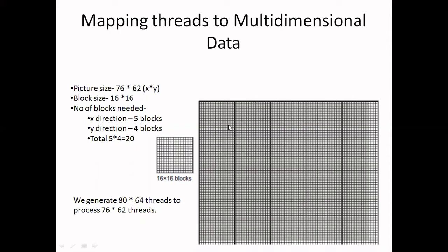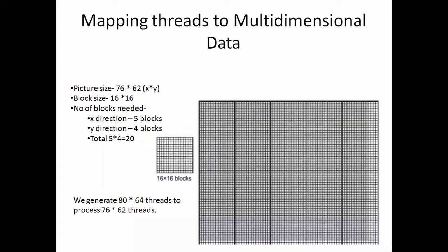So you need 5 blocks in X dimension and 4 blocks in Y dimension. In total, you will need 5 into 4, 20 such blocks to cover this image of 76 cross 62. Someone is saying 4, 5, 1 will be the dimension of the grid.